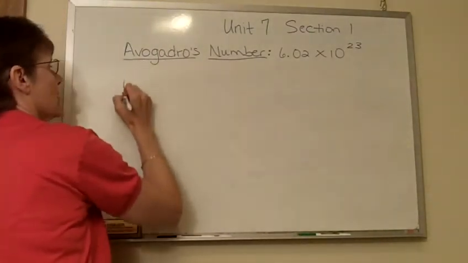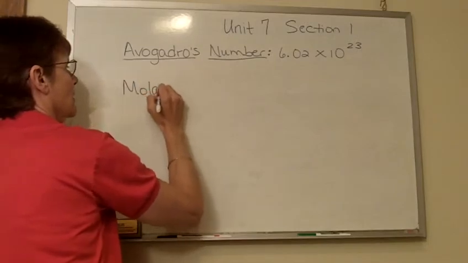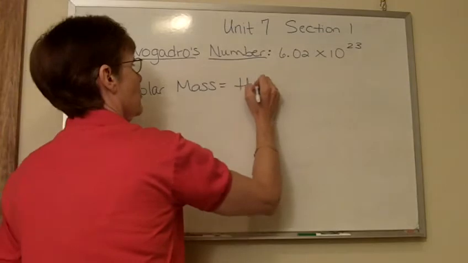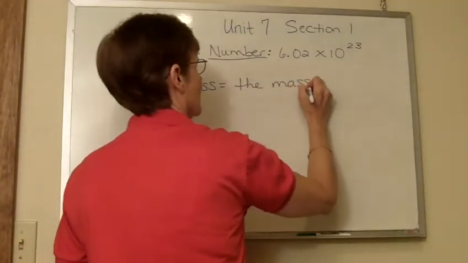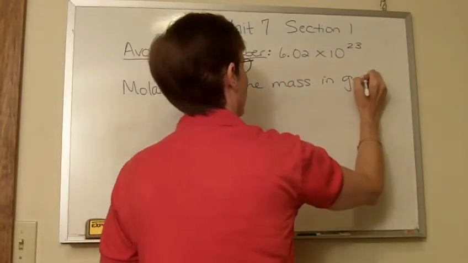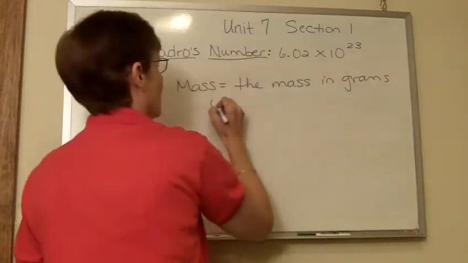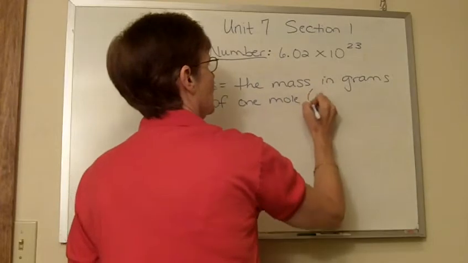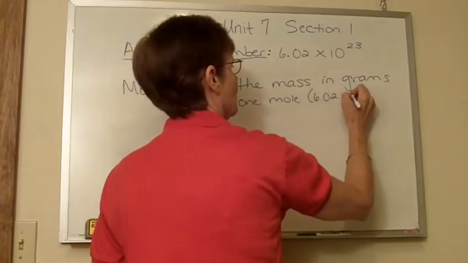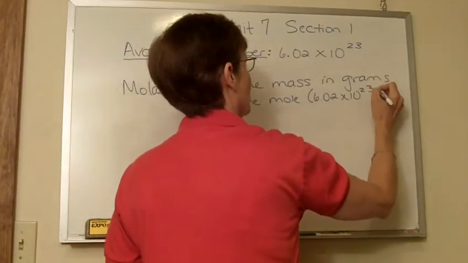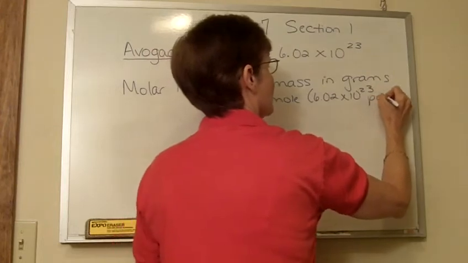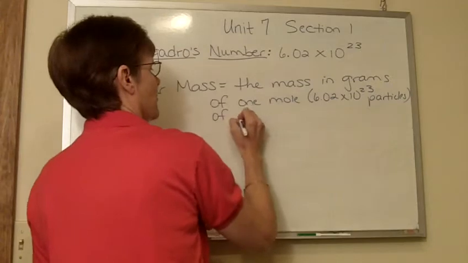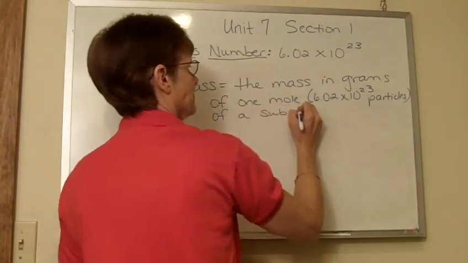We're going to call this molar mass. The mass in grams of 1 mole, 6.02 times 10 to the 23rd particles of a substance.